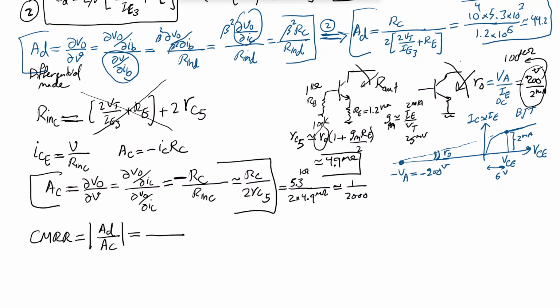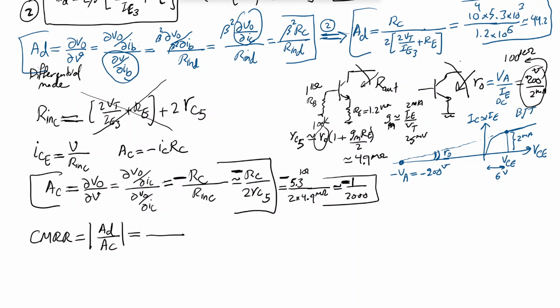Let's not forget it's a negative: minus 44, and then minus 1/2000. It's a negative voltage gain. Okay, and let me shift this so that I avoid confusion here. So this would be the answer for what I computed earlier.